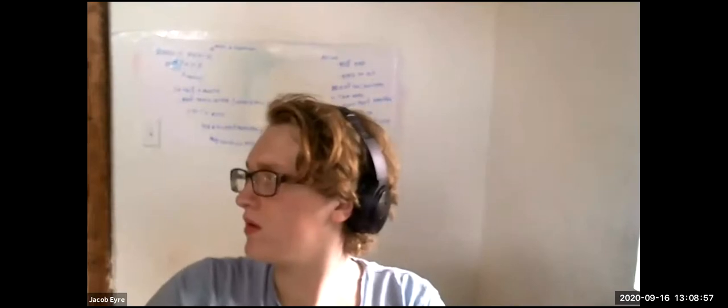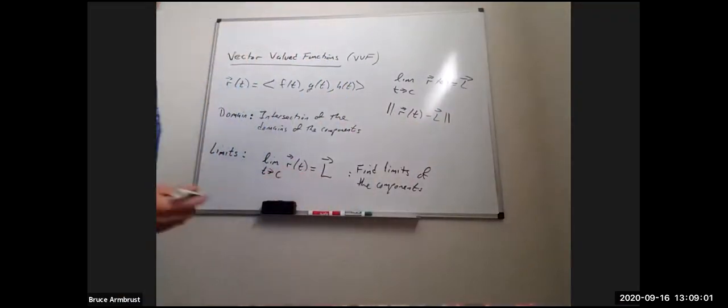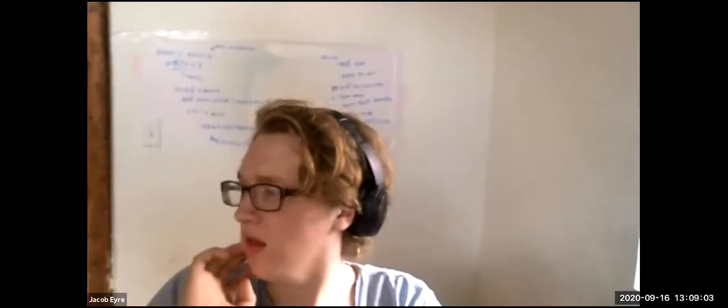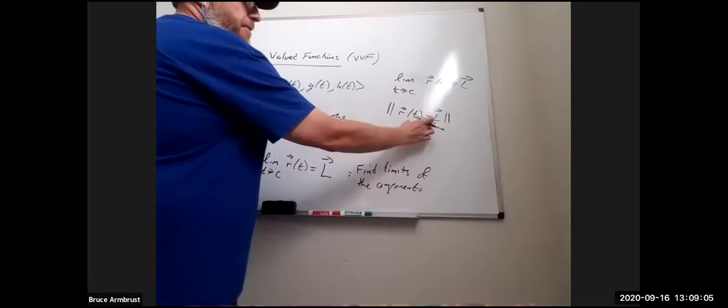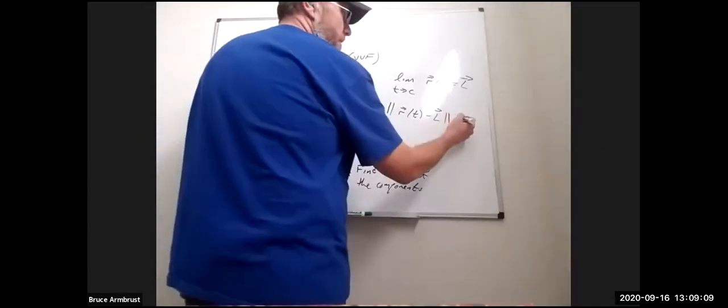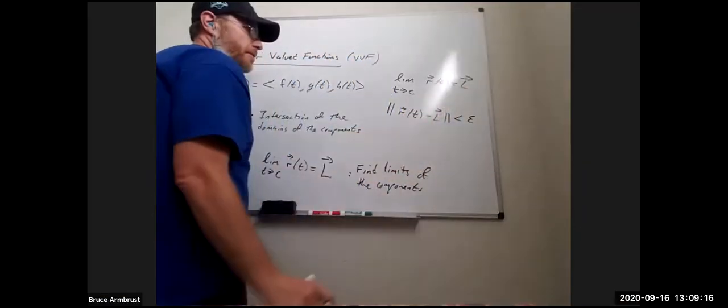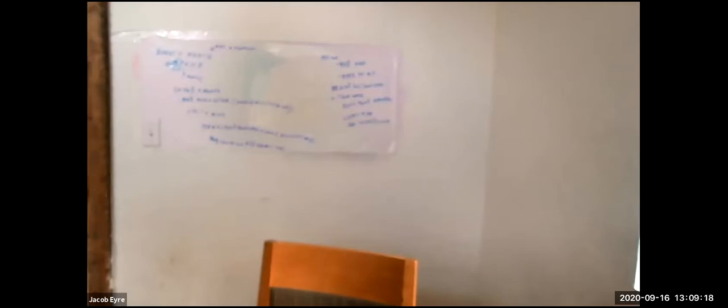So instead of the absolute value, you'd use a magnitude. This is the difference in those two vectors. The magnitude of the difference in those two vectors has to be less than, pick your favorite value.